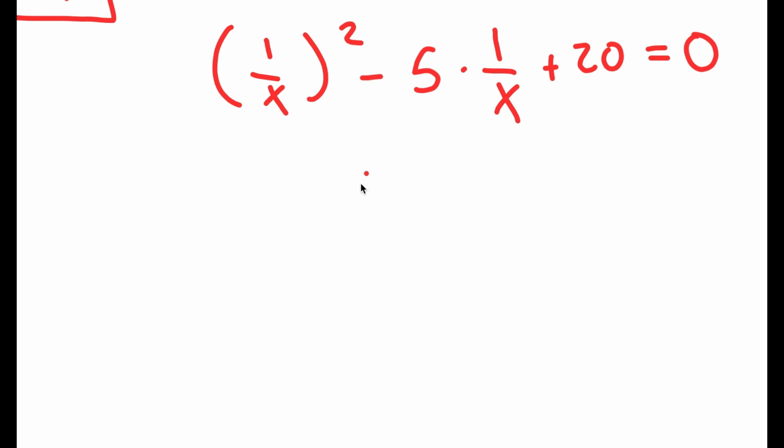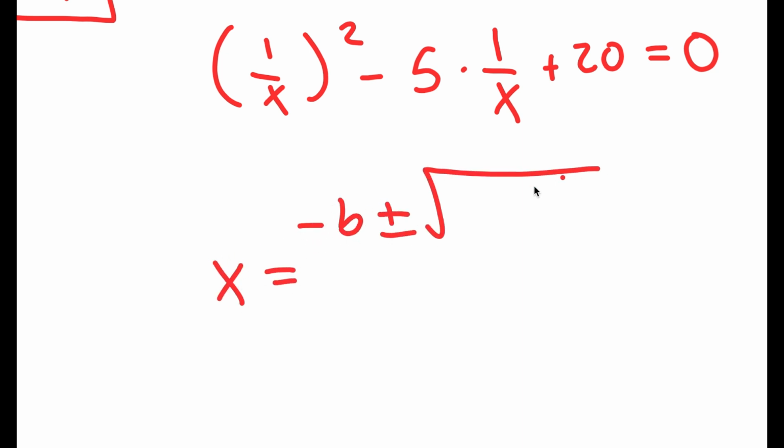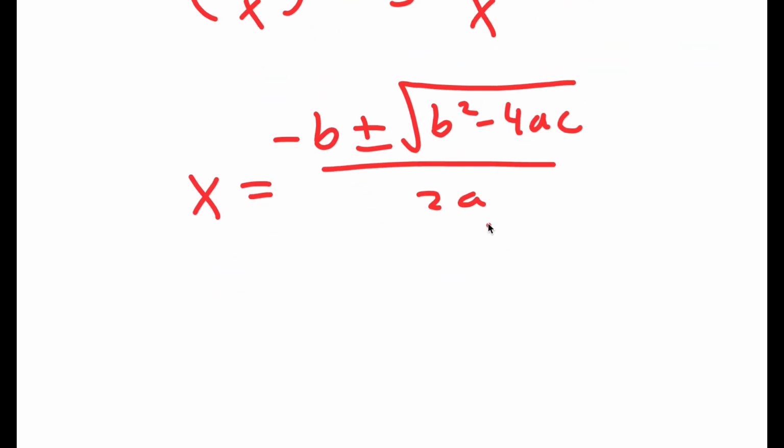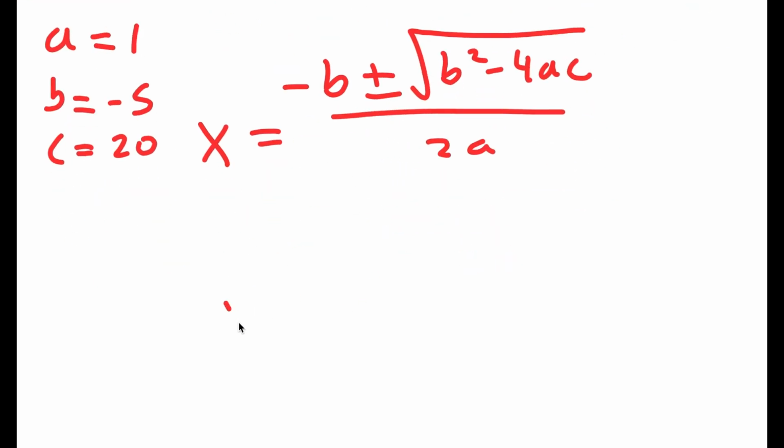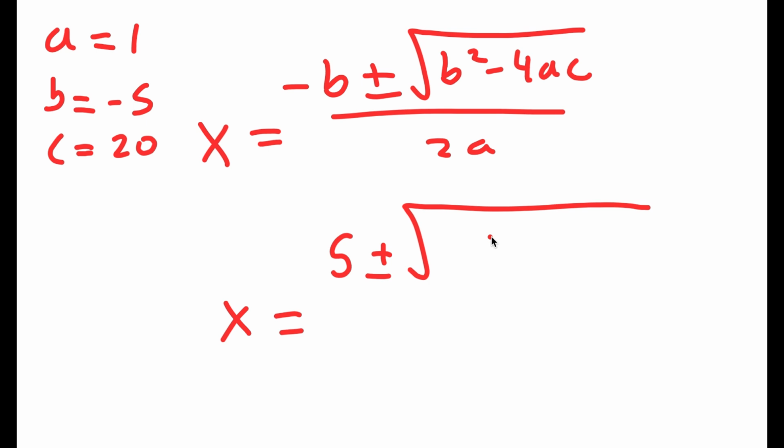And I can actually use the quadratic formula to solve this, which is negative b plus or minus the square root of b squared minus 4ac all over 2a. So in this case, a is 1, b is negative 5, and c is 20. So I get x is equal to 5 plus or minus the square root of 25 minus 80 all over 40.